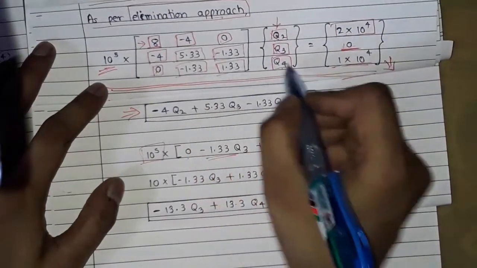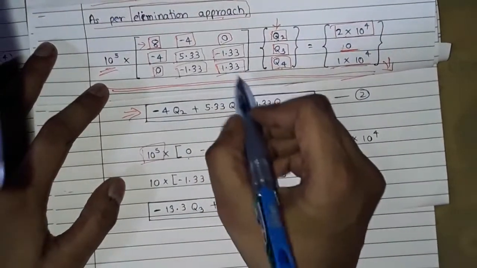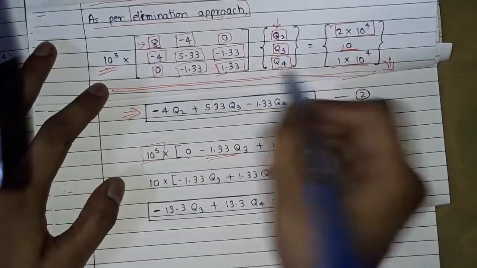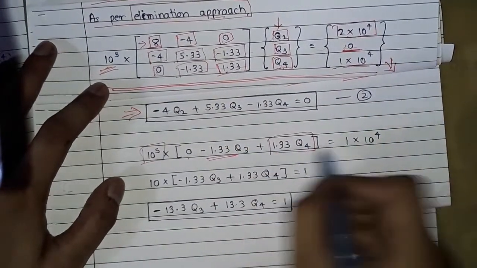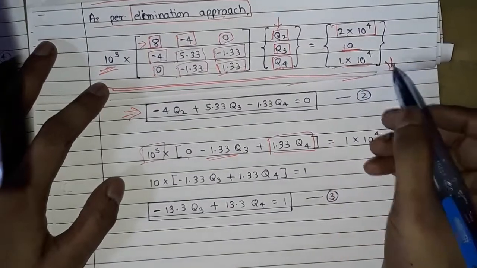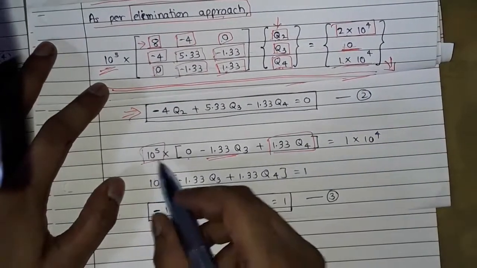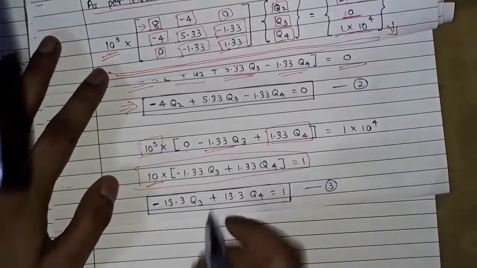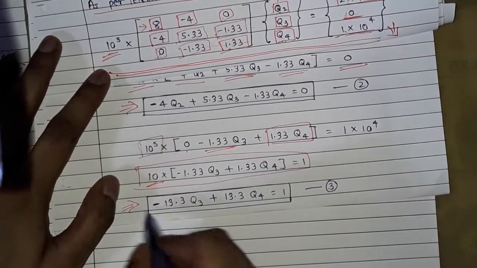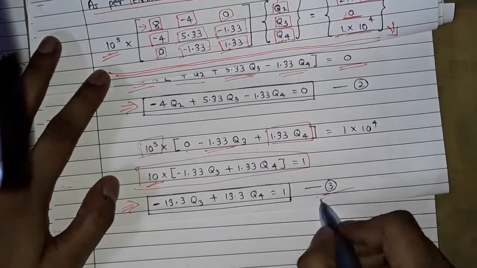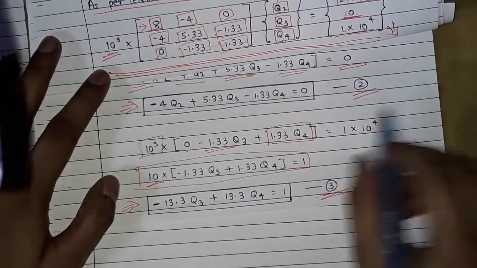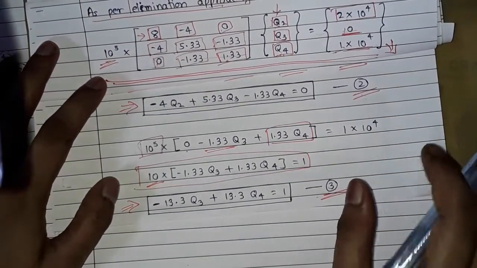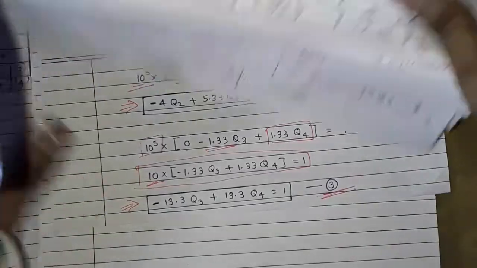Now this into this gives this value, and it is equal to 1 into 10 raised to 4. So we solve this equation, and after solving, this is our final equation, which is equation number 3. Here it is 2. So we have got 3 equations.